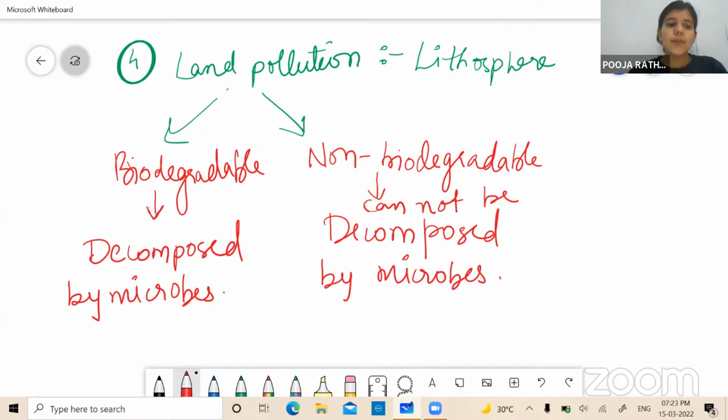When biodegradable waste occurs in our area, we can decompose it in soil by digging pits, throwing all the waste into those pits and then covering them up.